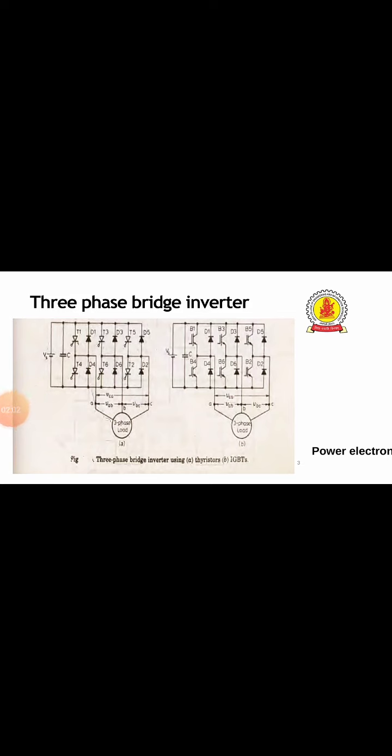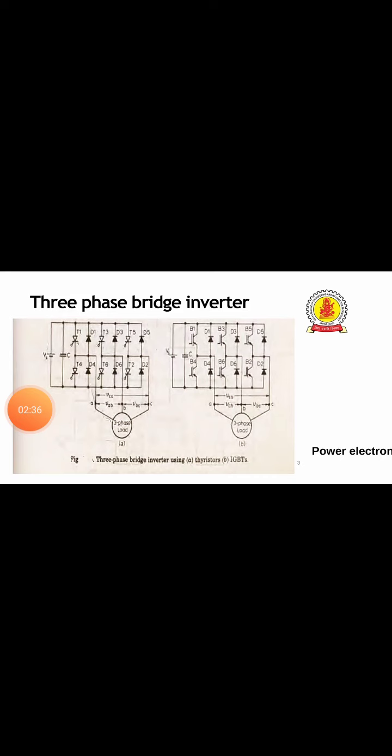We already talked about the waveforms in the 3-phase bridge inverter. One complete cycle is 360 degrees, and we are using 6 thyristors, each in a pair: T1, T4, T3, T6, T5, T2, and D1, D4, D3, D6, D5 and D2, anti-parallel for the SCR and IGBT.